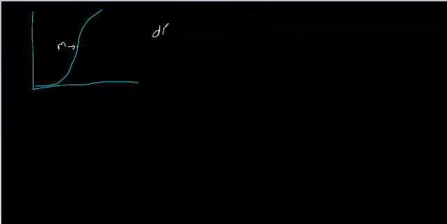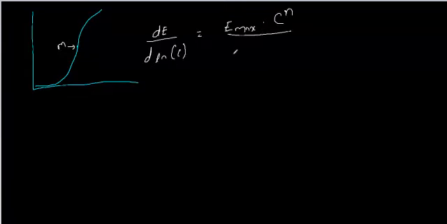So in the previous lecture we have deduced the slope for the equation E = Emax times C^n over EC50^n plus C^n.